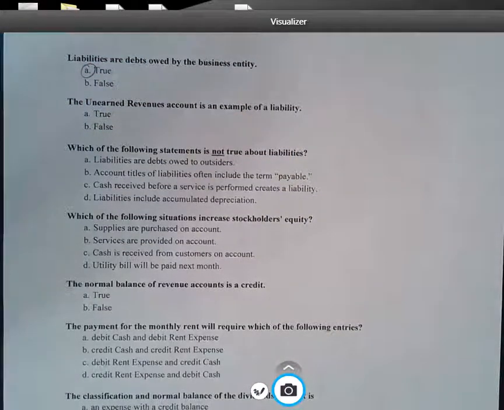Because we said about assets that assets represent a future benefit. Liabilities represent a future sacrifice. And if we're going to be making that sacrifice in the future, that means we have a debt currently represented by the liability.